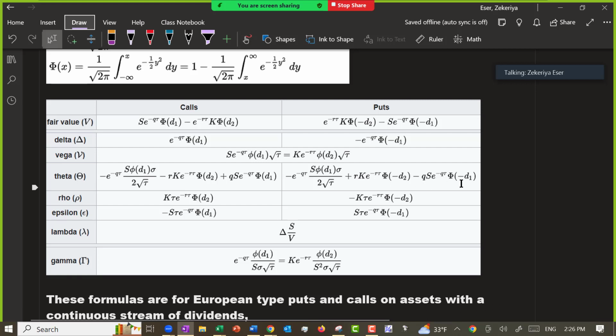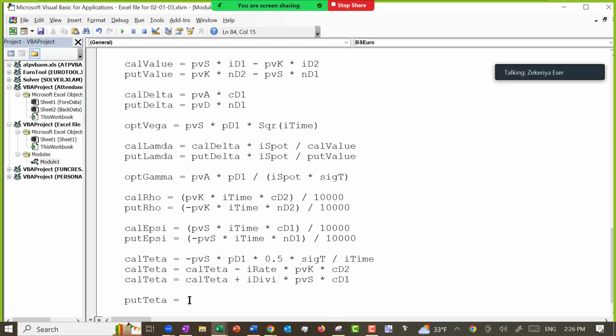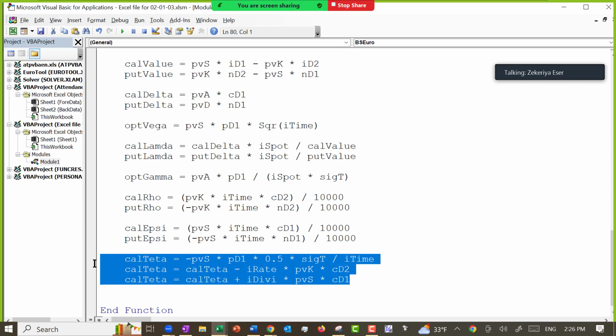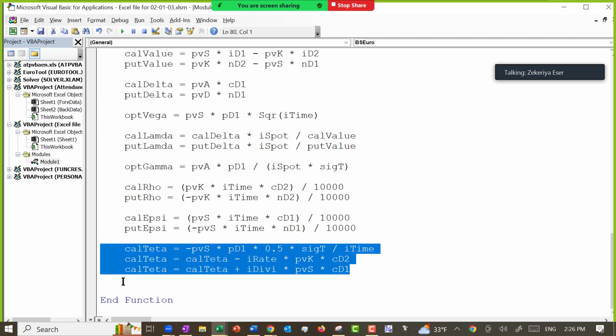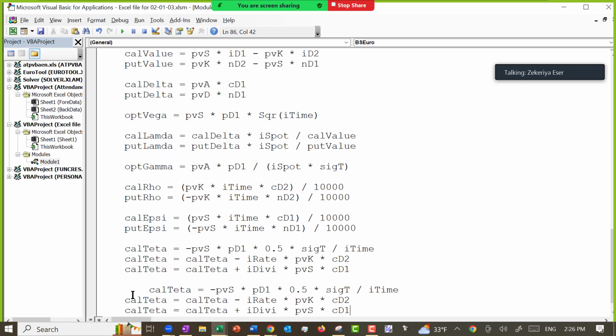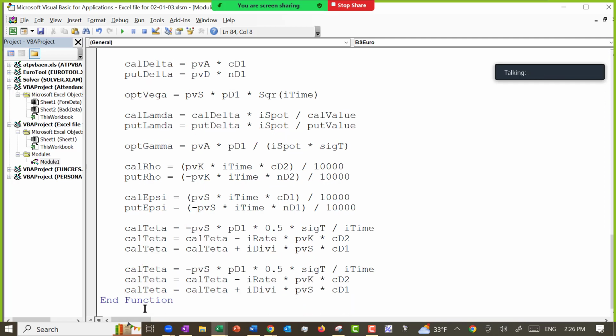Again, I'm recalculating the same thing, but hey, at this point, I can afford it. You can make your codes more efficient later on.